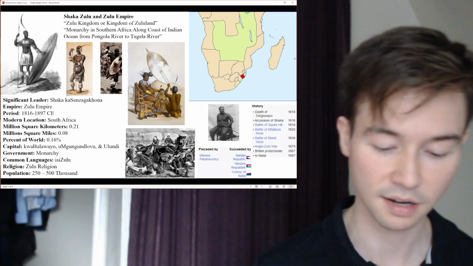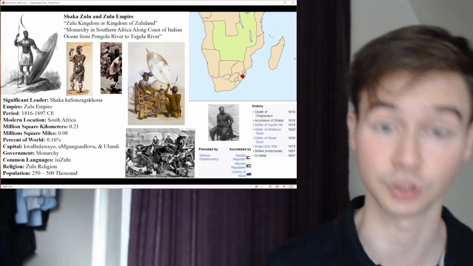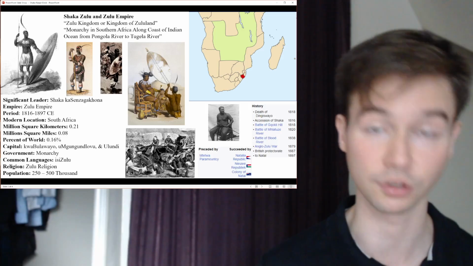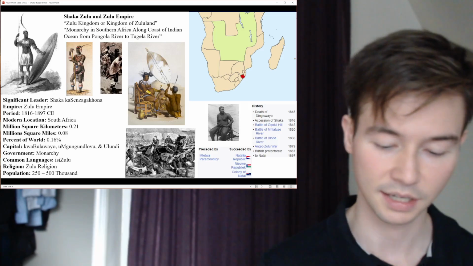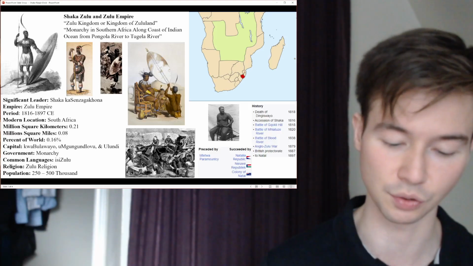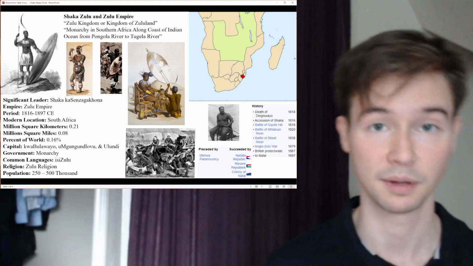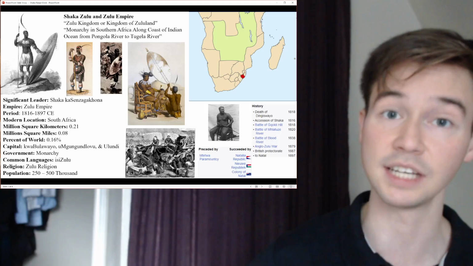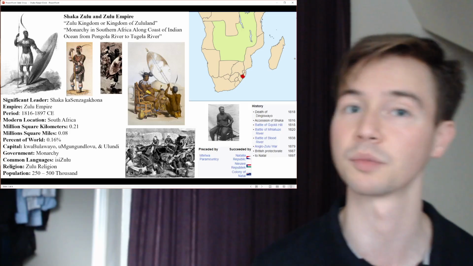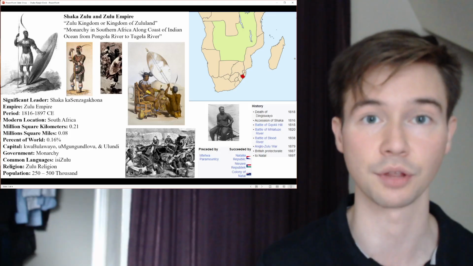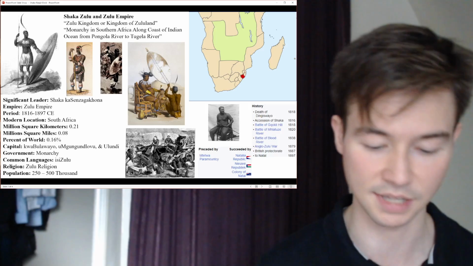Mapande's son Ketshwayo later became king as well and continued to modernize the Zulu military. Ketshwayo's reign saw a brief resurgence of Zulu power and prestige. So for the first time, the throne was not seized through killing one's brother, but through a hereditary manner, so maybe a stronger claim to the throne, maybe less internal dissent.